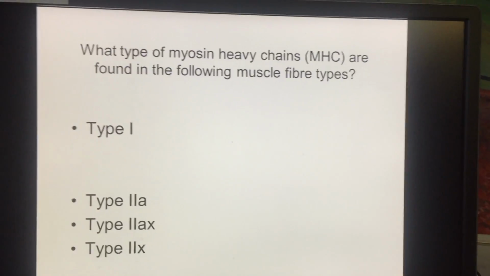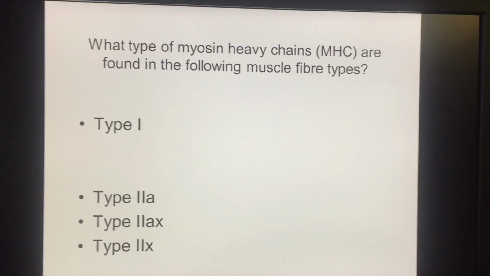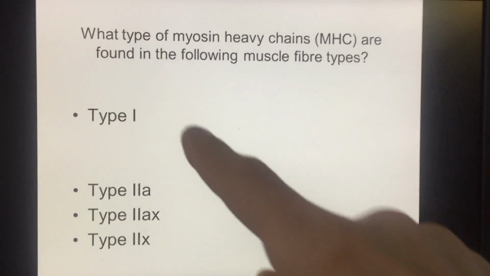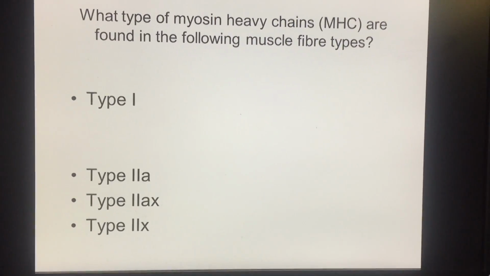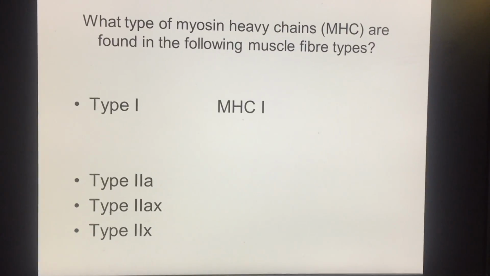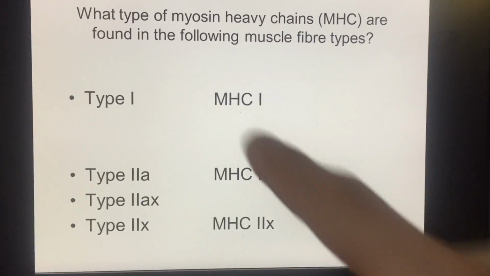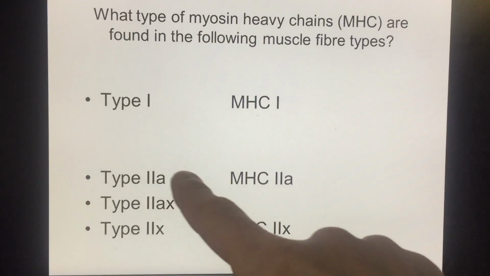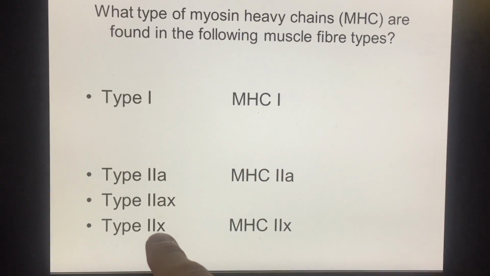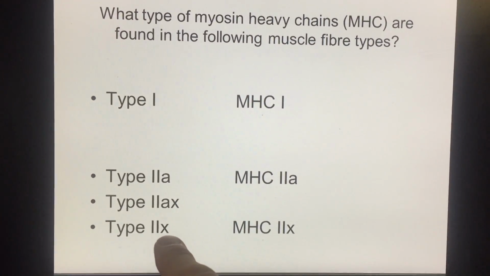So what type of myosin heavy chain is associated with each of these fiber types? These fiber types are actually named after the type of myosin heavy chain that they contain. You have three main fiber types in humans: type 1, which is your slowest contracting, type 2A, which is intermediate, and type 2X, which is your fastest contracting.